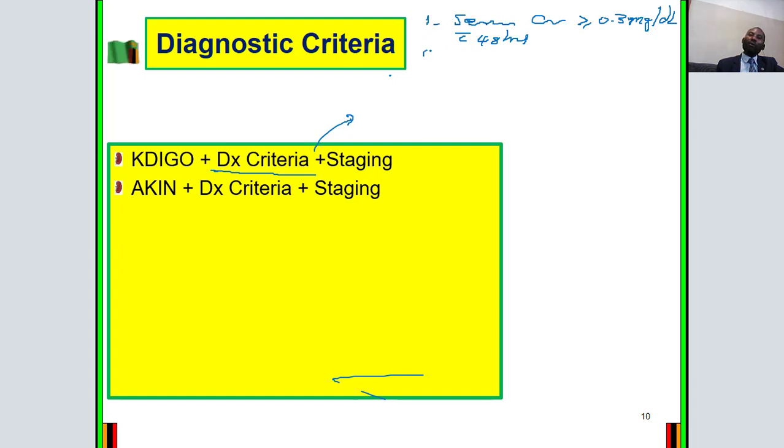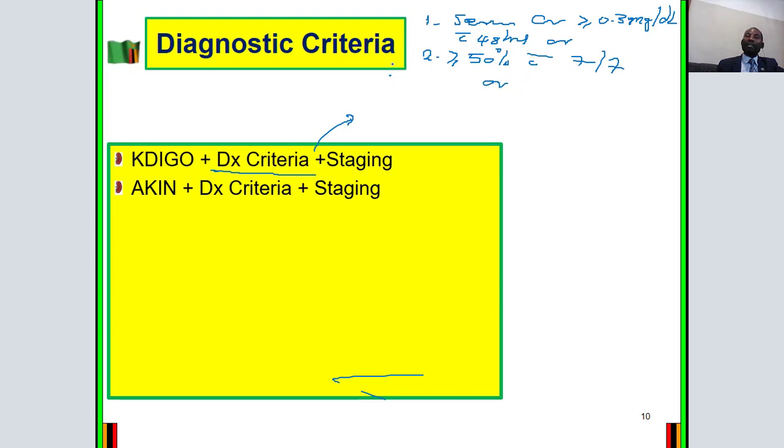Okay, so any of these is diagnostic of acute kidney injury using the KDIGO. So serum creatinine equal to or greater than 0.3 milligram per deciliter within 48 hours is diagnostic. Or there is an increase of serum creatinine from the baseline by 50% within 7 days. Okay, it is also diagnostic.